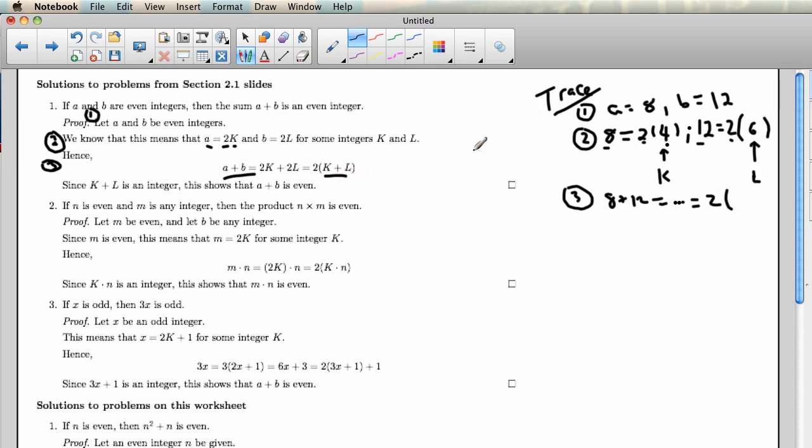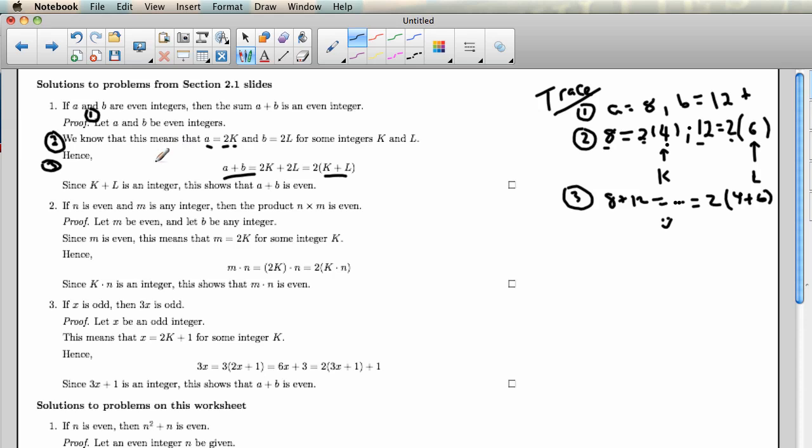So my K is 4 and my L is 6. So I can check to make sure that that really is true for my numbers. 8 plus 12 is 20. This says twice 10, so that's all good. So that line seems like it's completely fine for that choice of A and B.